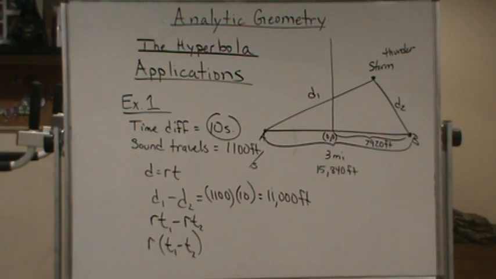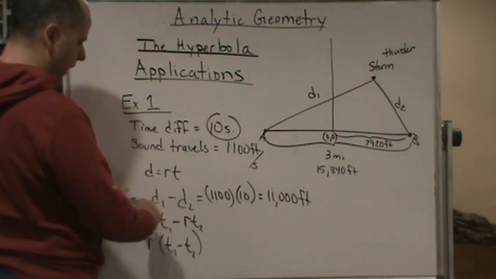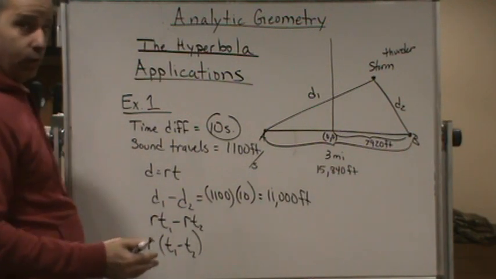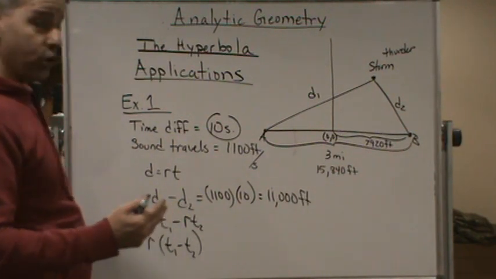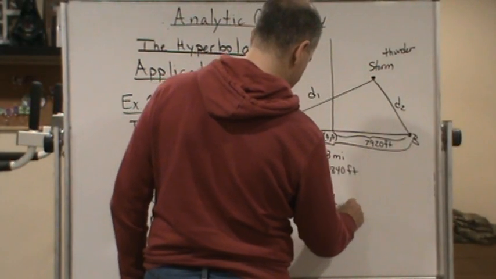Now, what do we do with that? Well, what do we know about that value? Remember from our previous videos, what does D1 minus D2 have to equal? It has to be 2a, right? Remember? So this is equal to 2 times a.